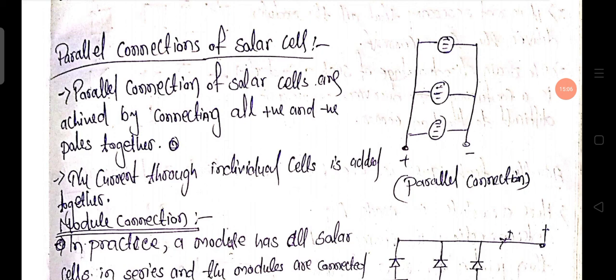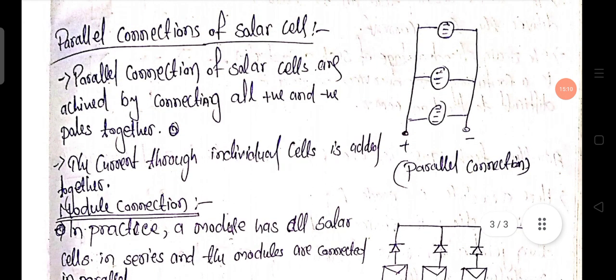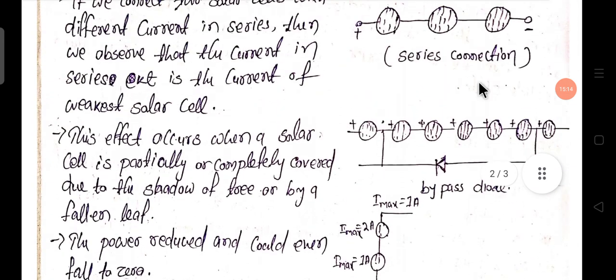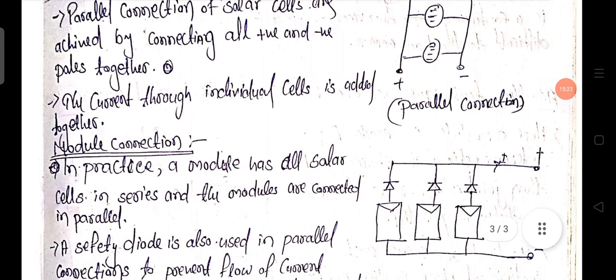Okay, now let us see the module connection. This is called a module, or in series also this is called one module. A unit of solar cells is called one module. Only one module cannot provide the amount of current or voltage which we need.